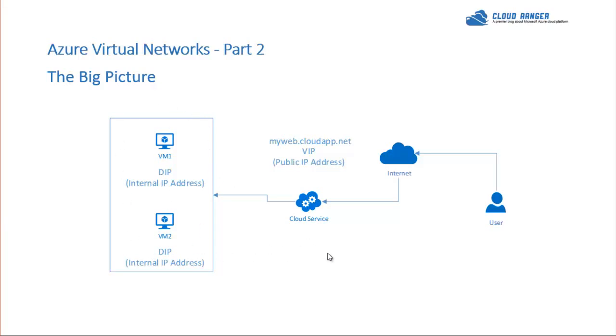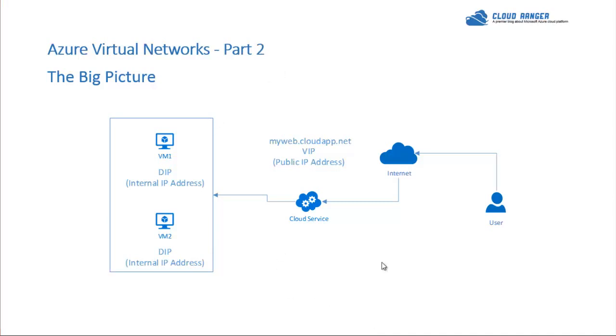Now, why would you do that? Or why is that even necessary? What would happen is that you'd still have access to these virtual machines through that one single entry point. So for example, I'll have a cloud service called myweb.cloudapp.net, and it will actually point to both these virtual machines.